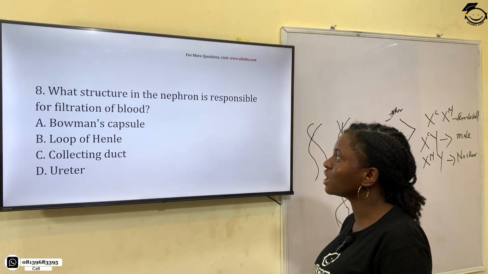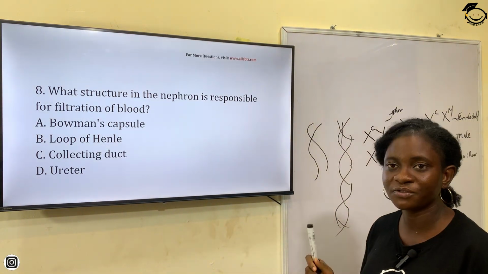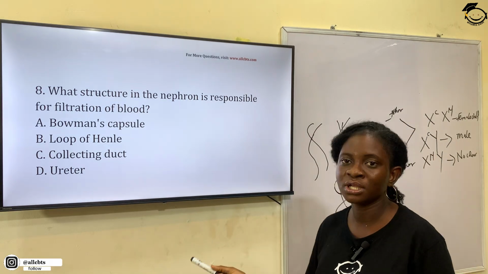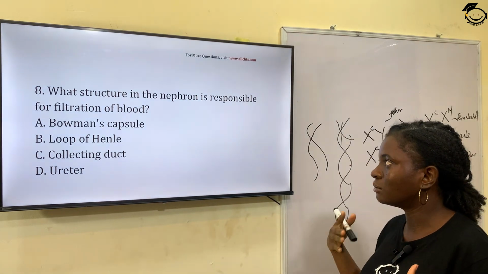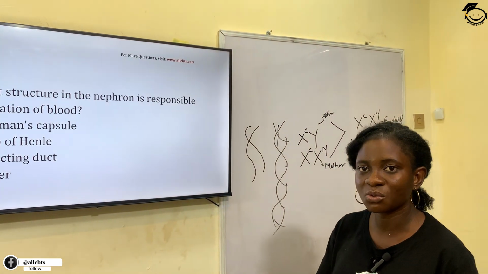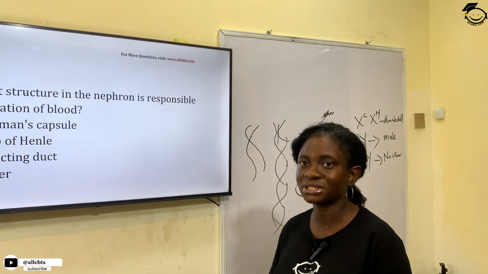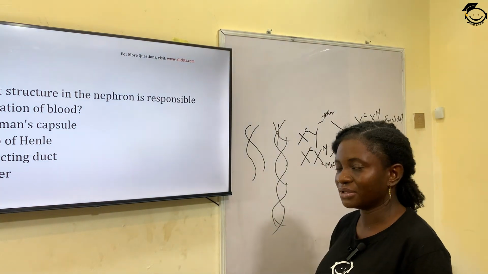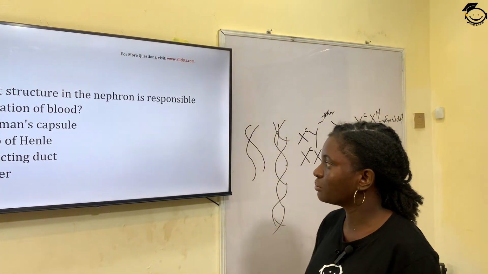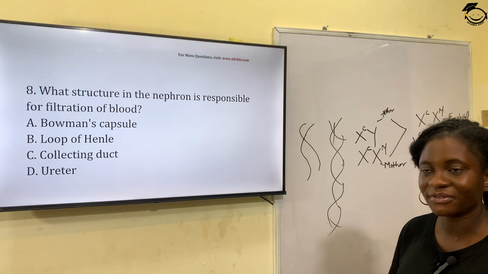Question 8. What structure in the nephron is responsible for filtration of blood? If you are familiar with the nephron, the function of the kidney, you know that it filters waste from the blood, it removes waste from the body and passes it out as urine. So option A, Bowman capsule. Option B, loop of Henle.